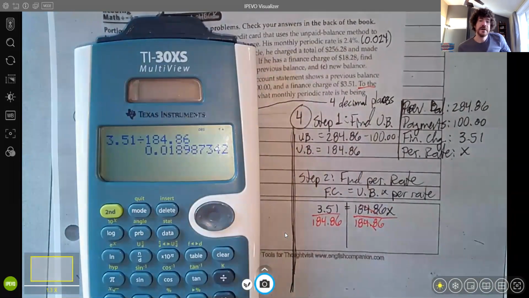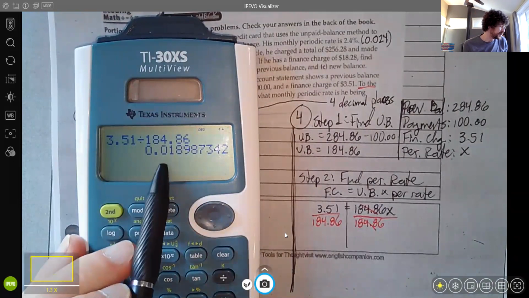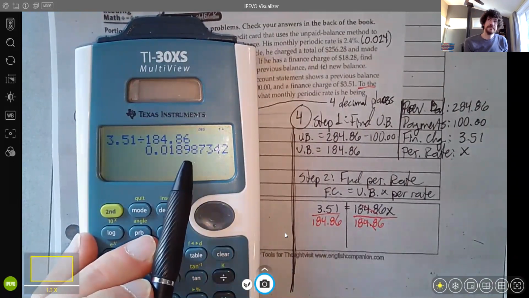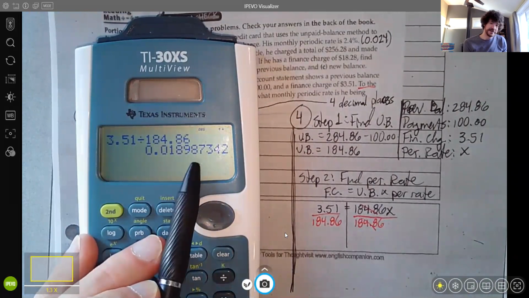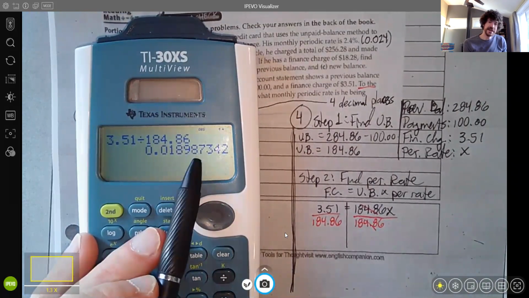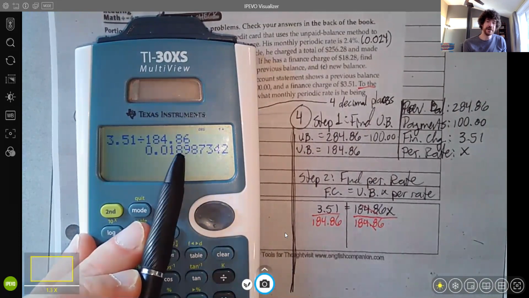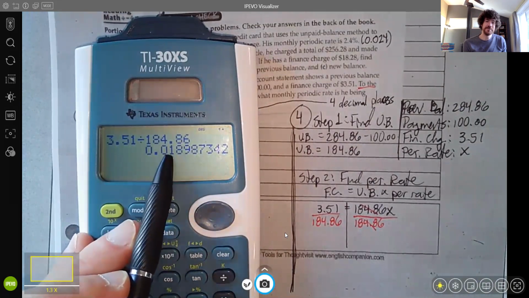So there it is. If we're going to 4 decimal places, 0.0189, but then the number after that's an 8. So this 8 rounds this 9 up 1, which actually rounds that 8 up 1 to a 9. So it's going to be 0.0190.